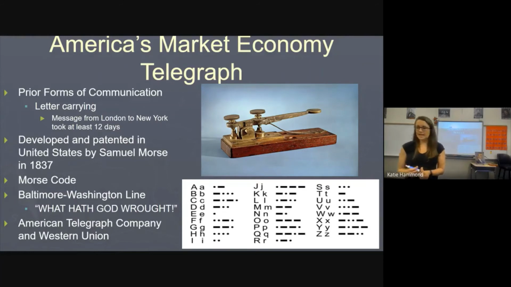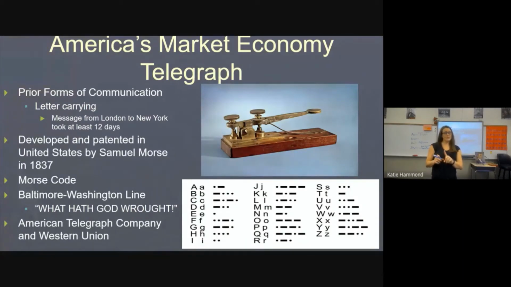Okay, and so you would use Morse code and hit it a certain number of times. The first successful use of the telegraph and Morse code across telegraph lines to print out a telegram was from Baltimore.